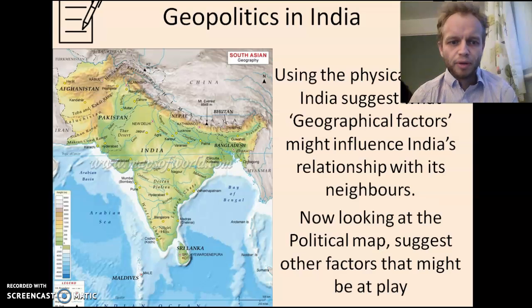So on your map you'll be able to notice that we talk about altitude. So on the key we've got green areas, which are low-lying areas, all the way through to brown and grey. So you should notice the geography of India using that key. You'll also notice that there are a number of rivers in India that are part of its physical makeup.